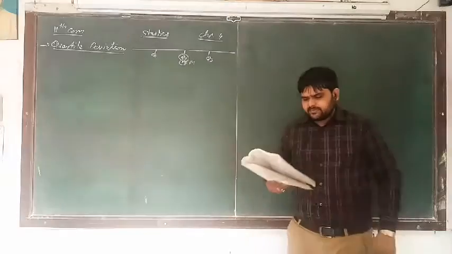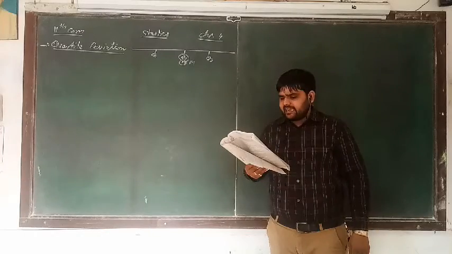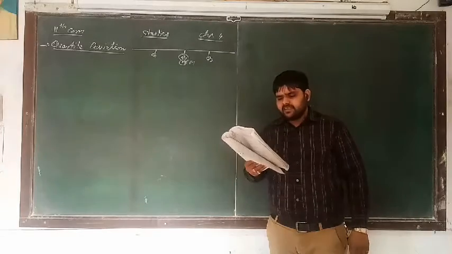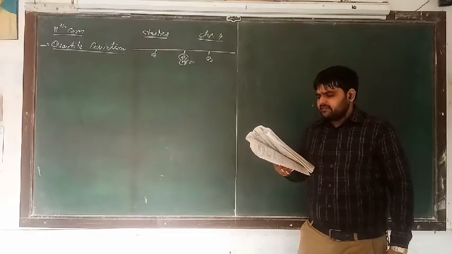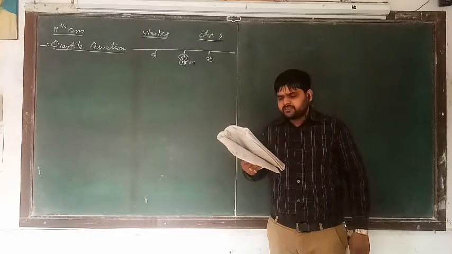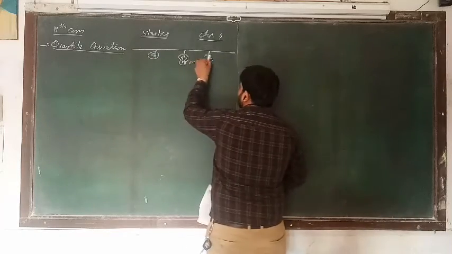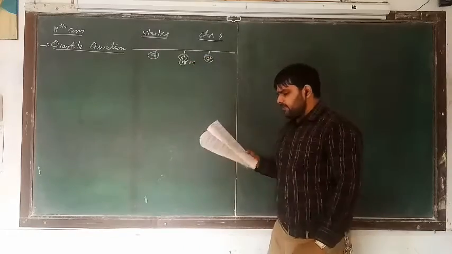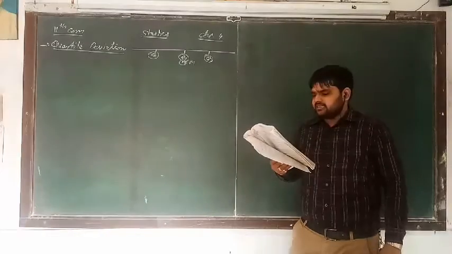We know that only the extreme observations, the largest and the smallest, are used in the computation of range. Similarly, by using the positional measures known as first quartile Q1 and third quartile Q3, another measure of dispersion, namely quartile deviation, is obtained.